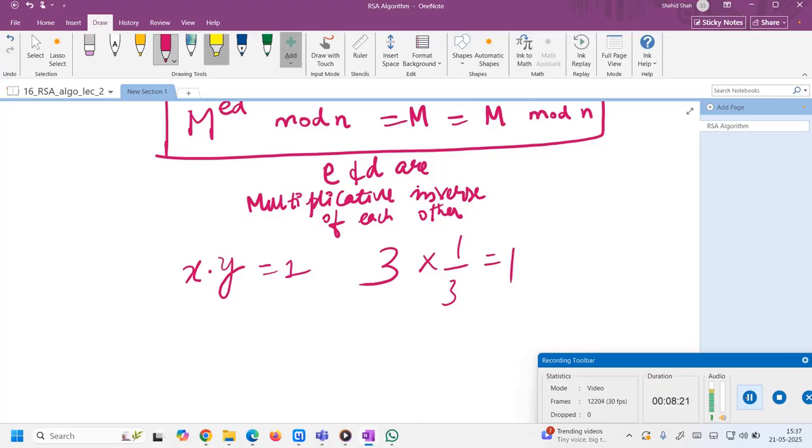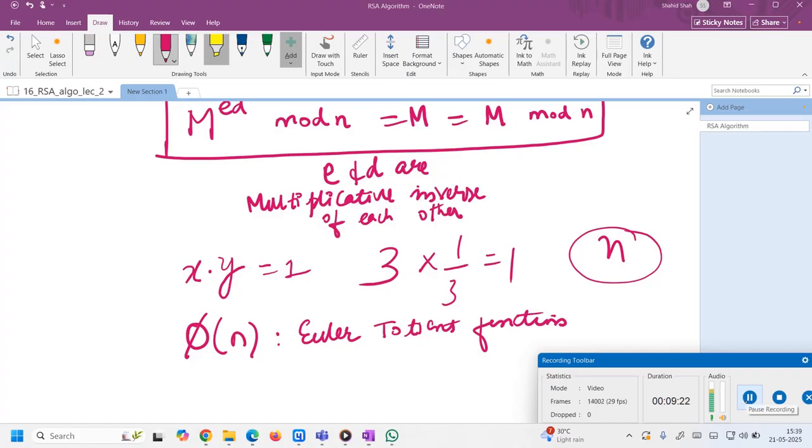But in modular arithmetic, the multiplicative inverse is defined in a modulo way. Suppose M to the power ED modulo N is equal to M. From number theory, we have already defined in the class one function called the totient function phi of N. In the supplementary video on number theory we will cover what it means that E and D are multiplicative inverses, meaning ED modulo some number.